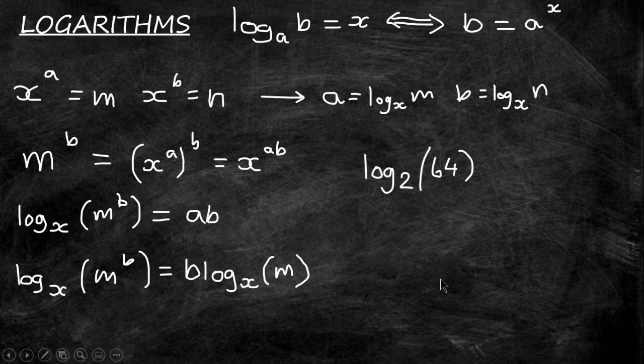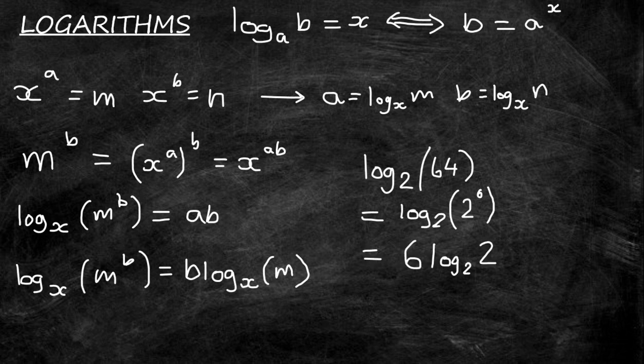If we use the example from earlier, log base 2 of 64, we already know that this is 6. But we can actually work this out using this new power rule. We know that log base 2 of 64 can be written as log base 2 of 2 to the power of 6. And then using the power rule, we can bring this power 6 down in front of the logarithm and have it multiply instead.